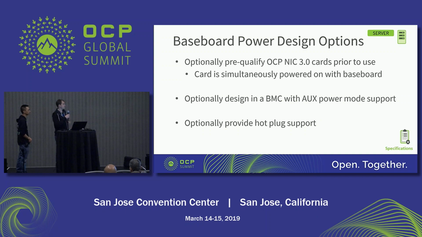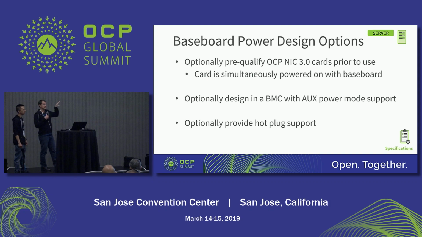So I think the messages that we wanted to show here today are that the power features we've put in the specification are optional, but they really provide some great capabilities that cards and systems are going to be able to use. You can optionally pre-qualify cards based on the power they actually use, not necessarily based on those tiers that we provide in the specification, but those tiers are intended to provide guidance and a direction to where we can go.